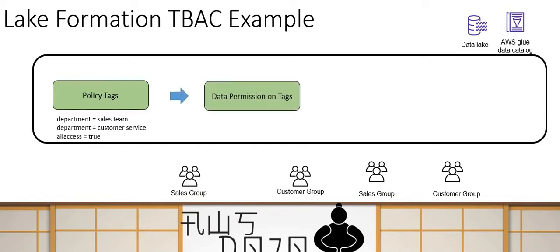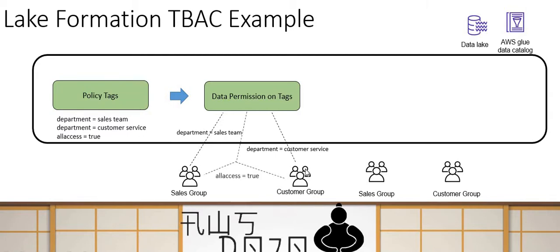And then I assign data permission for these policy tags. Department equal to sales team: this policy tag based resources will be accessible only from the sales group. Similarly, the resources which have the policy tag department equal to customer service will be accessible only from the customer group.